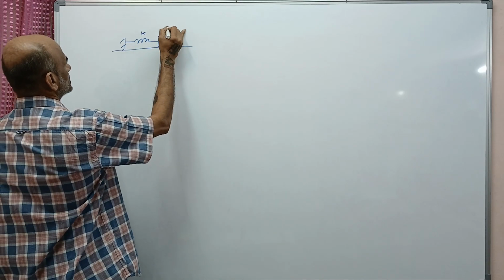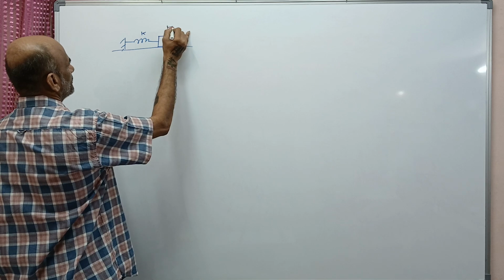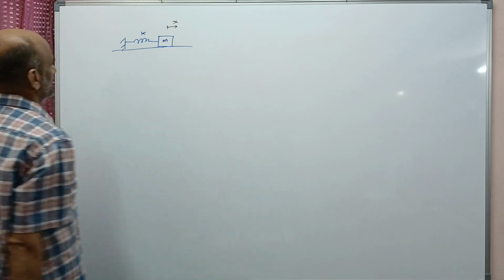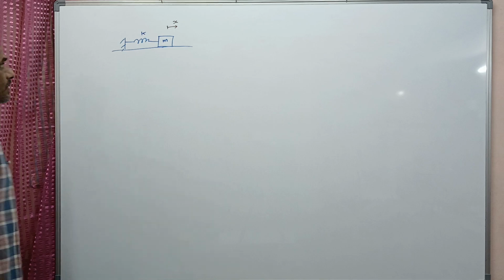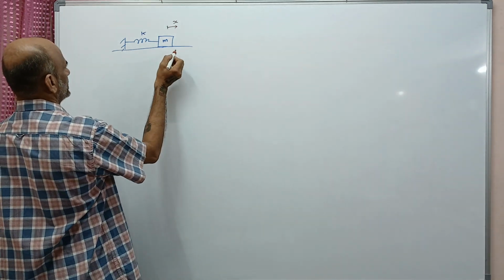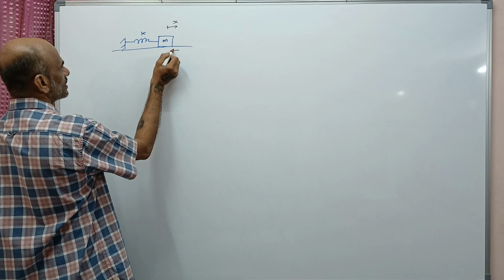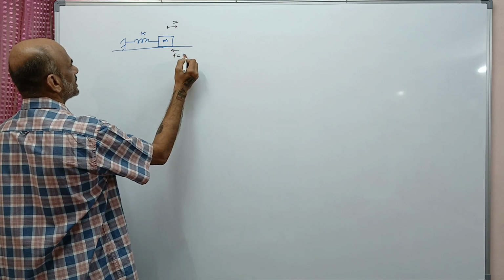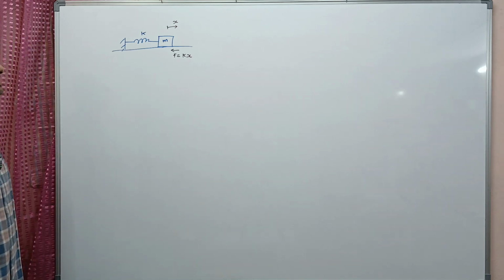So from this relaxed position, if you give a displacement of x towards right, the spring is getting stretched. So it'll try to come back, and the force that's acting on this block will be F equal to K into x, where K is the spring constant.